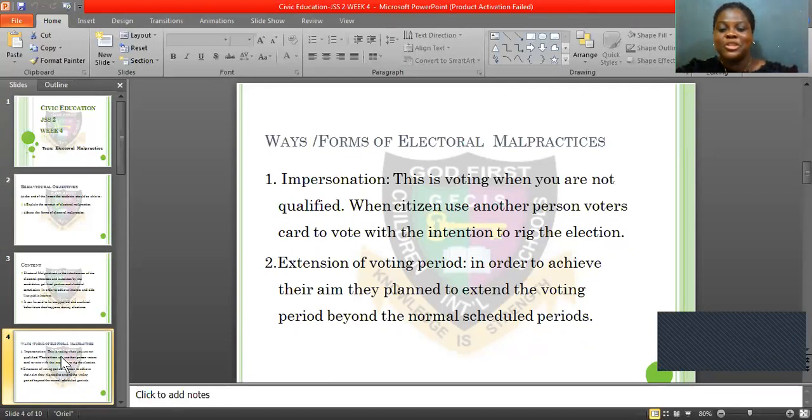Impersonation. Do you know that there was an experience of impersonation that a friend shared with me at a particular point in time? She said when she was growing up, her parents took her to their hometown, where an uncle was contesting for the post of chairmanship, and they had the mind of rigging the election because they knew they could not win ordinarily.